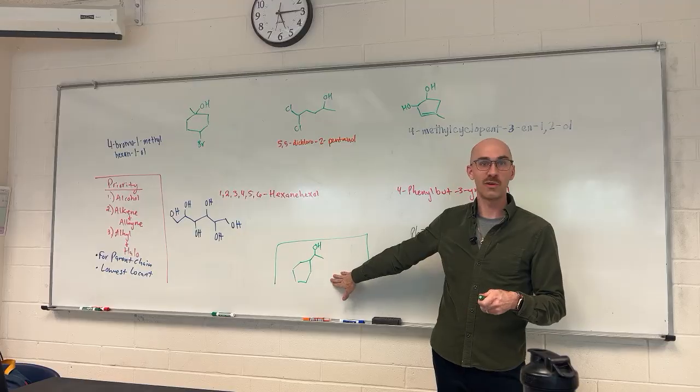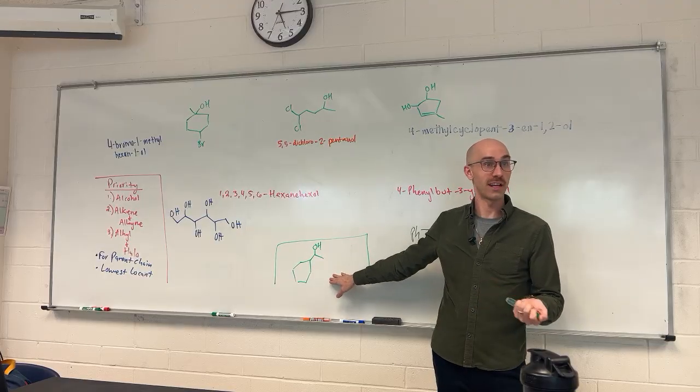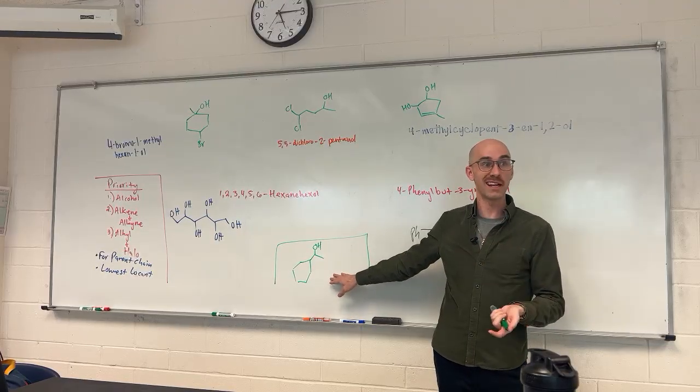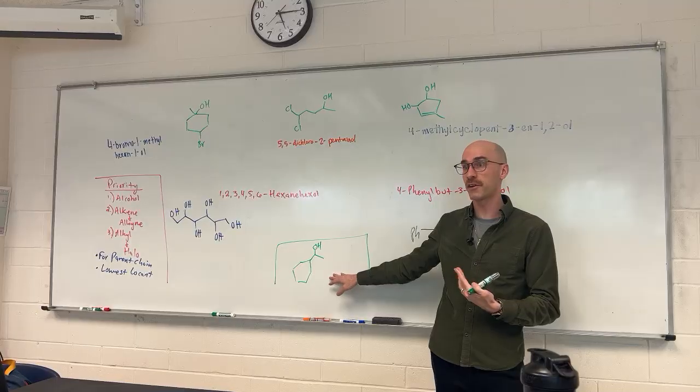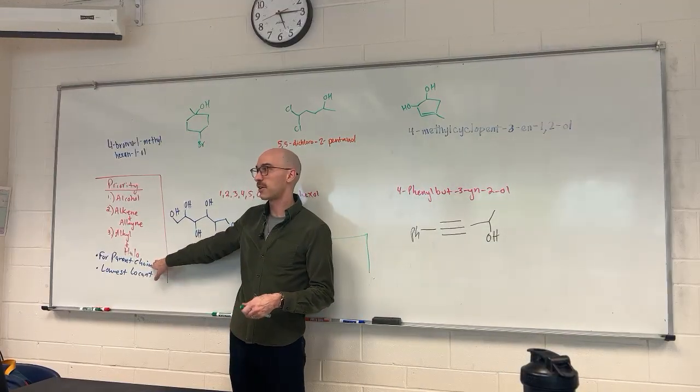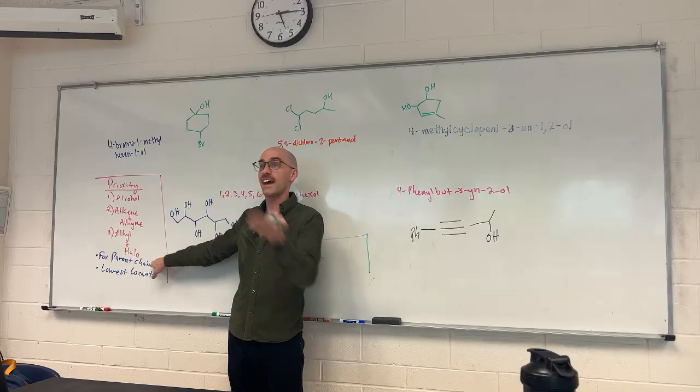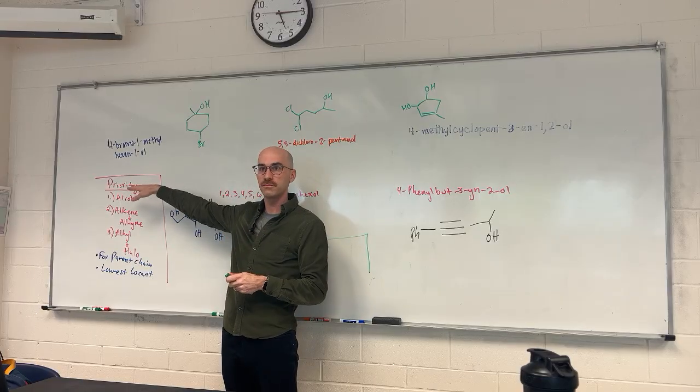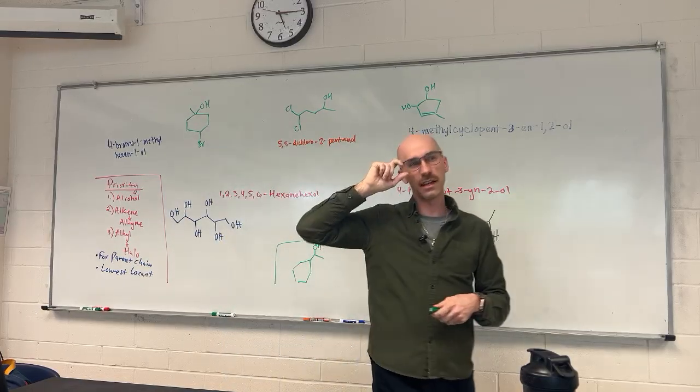We're not going with the longest possible carbon chain because the 6-membered ring doesn't include the highest priority functional group. We're doing the biggest parent chain that includes the alcohol. None of these examples illustrated that very well.